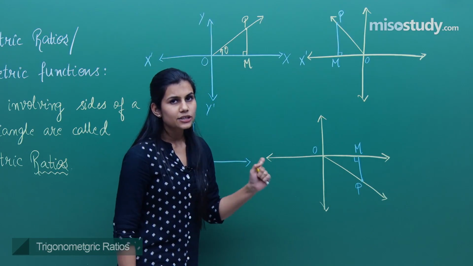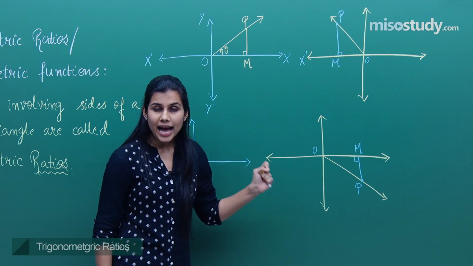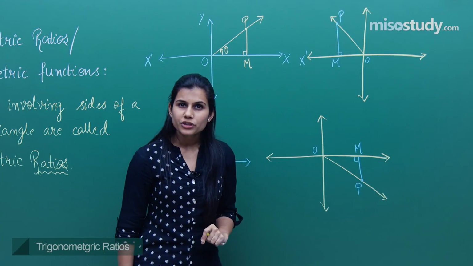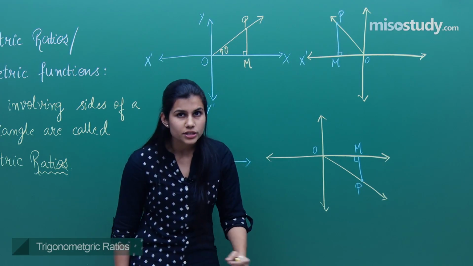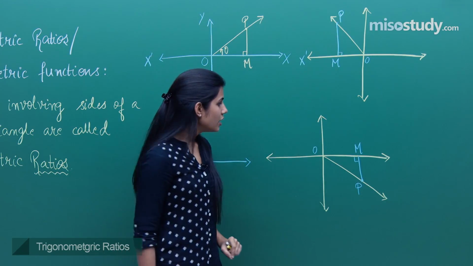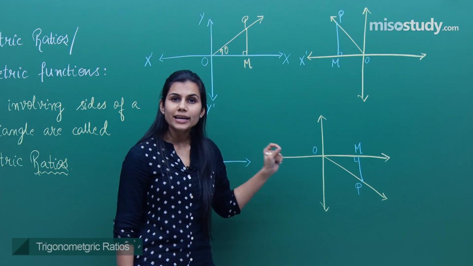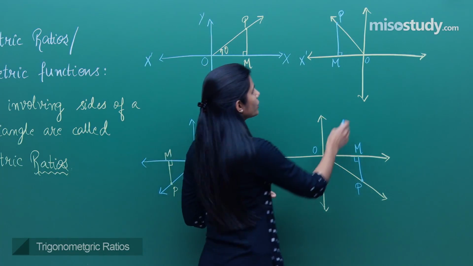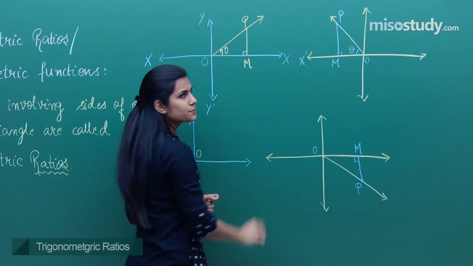In every case, the triangle of reference that comes out is a right-angled triangle or a right triangle. I am interested in forming ratios of the sides of the right triangle. Over here, if you carefully observe, I am going to take one angle as my important base, this angle I am going to take as my focus angle.